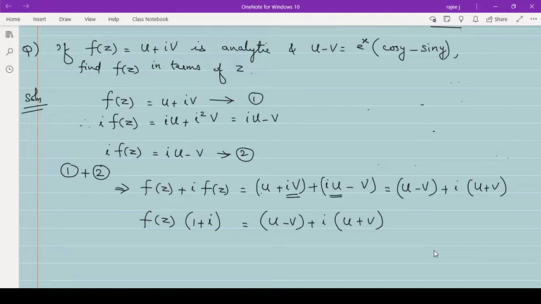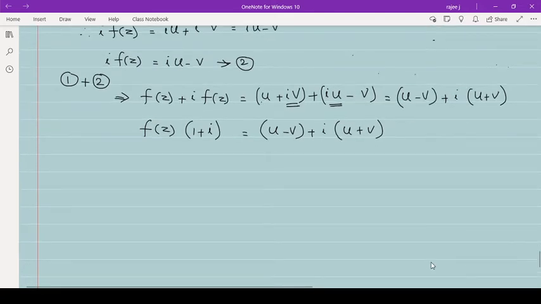From iu plus iv, i is common, so u plus v is remaining. Then we took f(z) common from here.